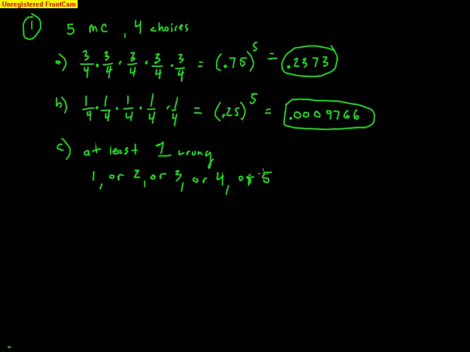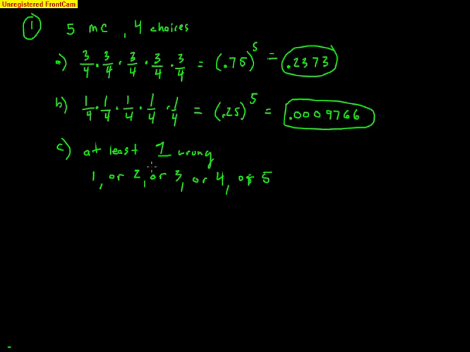Okay? That's too many options. And I really want you to understand that one wrong could happen 5 different ways. First one wrong, or the second one wrong, or the third one wrong, or the fourth one wrong, or the fifth one wrong. 2 wrong could happen in, oh boy, a lot of different ways. The first 2 wrong, the last 2 wrong, the first and the third, the first and the fourth, the first and the fifth, the second and the fifth. I mean, there's just so many different options there.